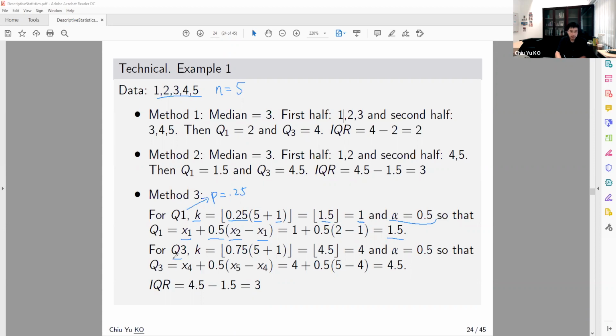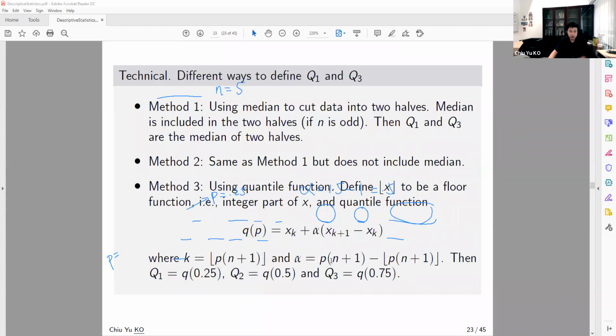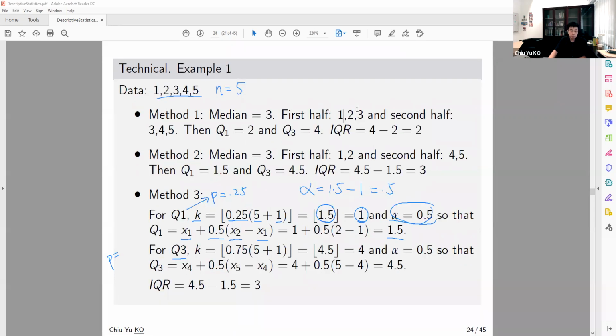So for Q3, p is 0.75, and alpha is 0.5. Alpha is the difference between the original number and the number we rounded down. So it's 0.75 times n plus 1, which is 4.5, and rounding down gives 4. The difference is 0.5 here. If you have a question, feel free to leave it in the chat.